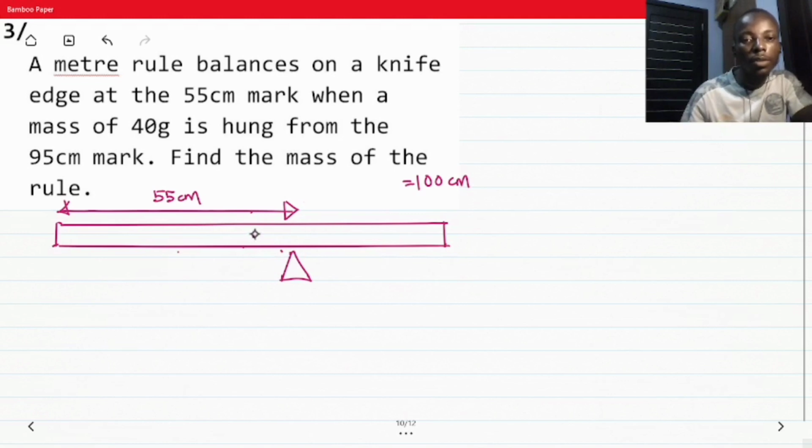This is the midpoint, the 50 mark of the meter rule.